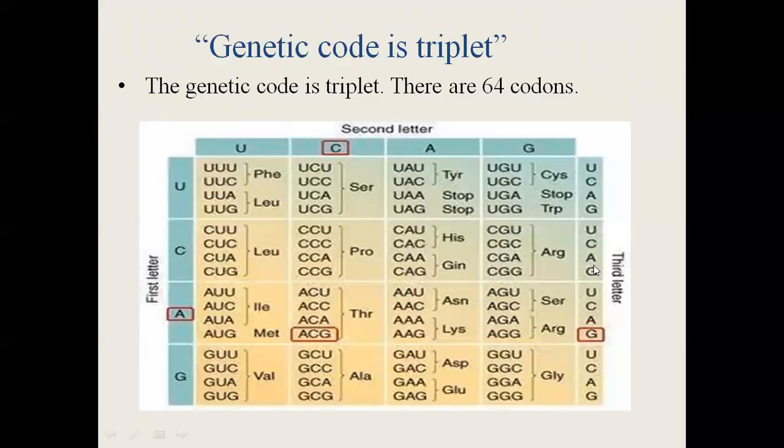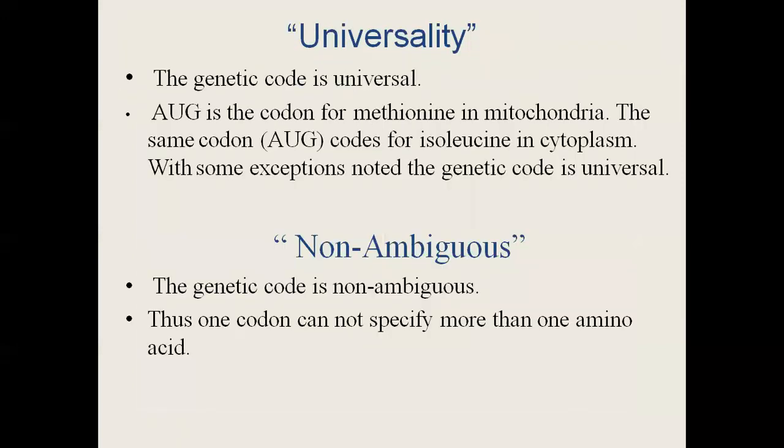So here once again is the table, which I have already shown earlier. Universality means the genetic code is universal. AUG is the codon for methionine. MET is the initiation codon in mitochondria. But the same codon AUG codes for isoleucine in cytoplasm. These two differences you need to remember.